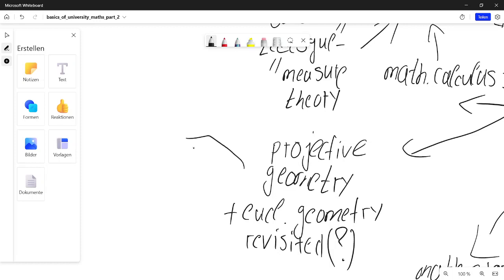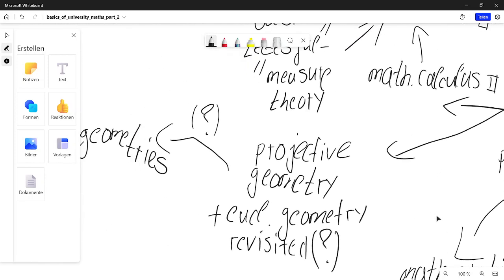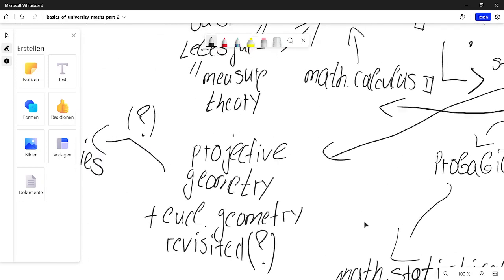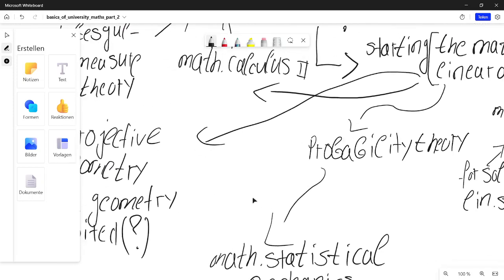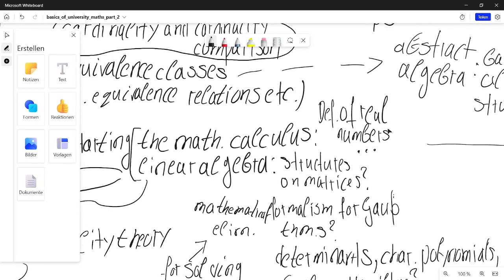Enter here. But I don't know if I like that very much. Of course it's nice, but it's more like from abstract algebra.